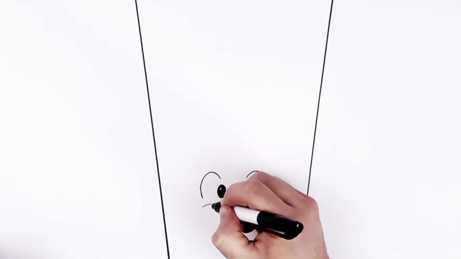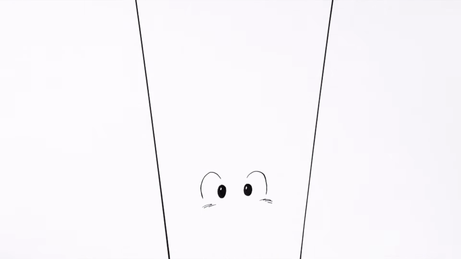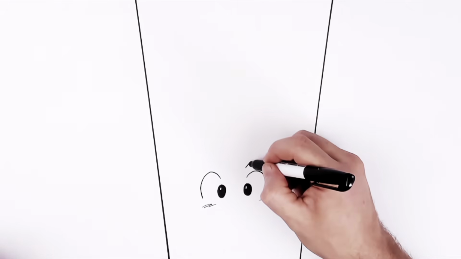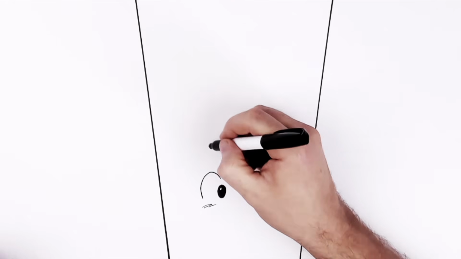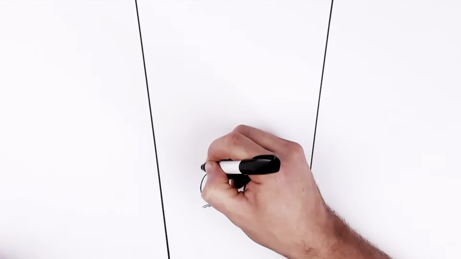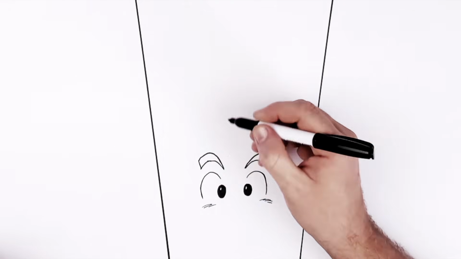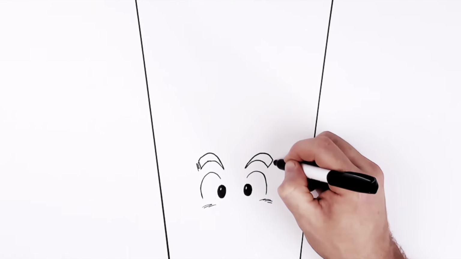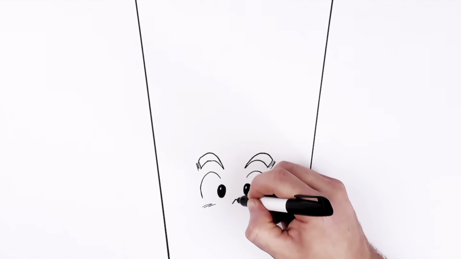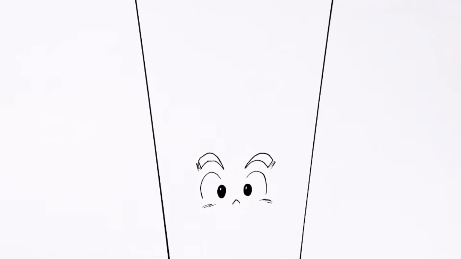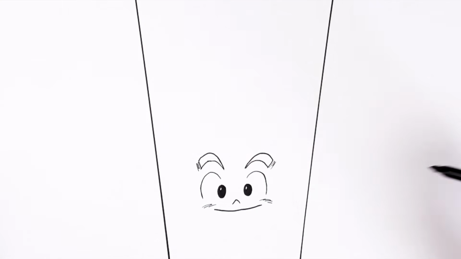All right, and then we have those sort of cheek lines just underneath his eyes. Like that. And then his eyebrows, big arching Dragon Ball eyebrows. And then his nose, just a little triangle in the middle. His mouth, big, wide, smiling mouth.